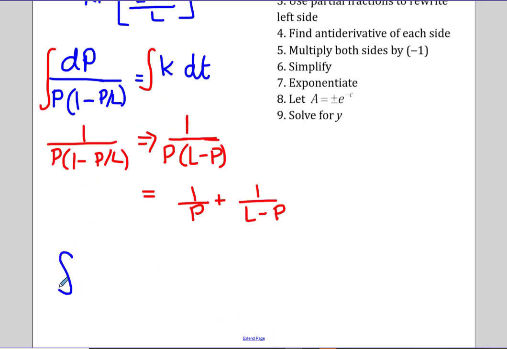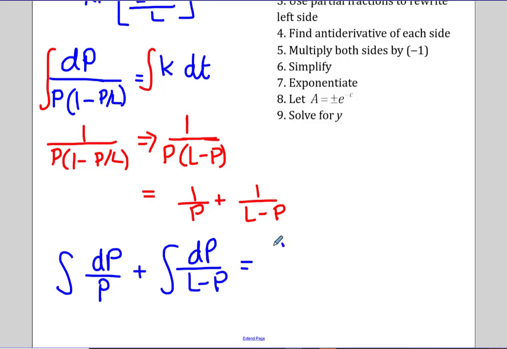So switching colors, we have dP over P plus dP over L minus P. So I'm taking this to be my left side, and the right side is going to be K dt.